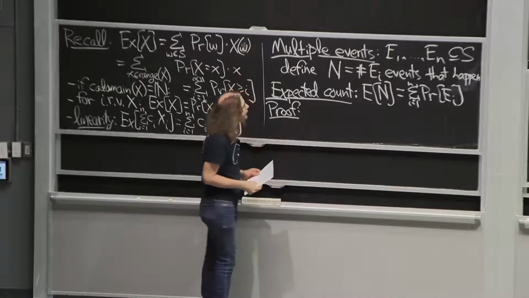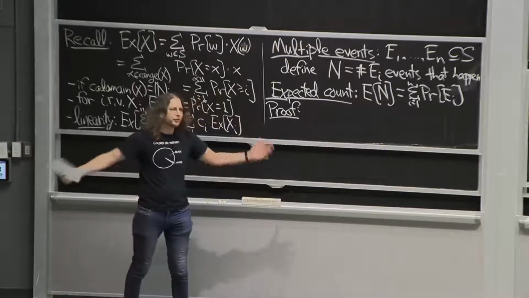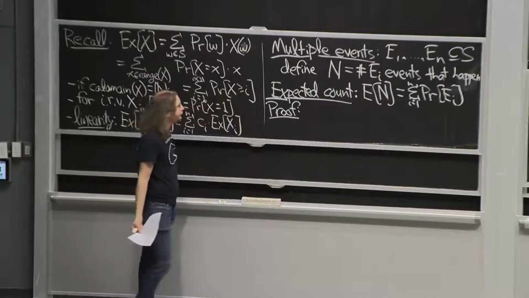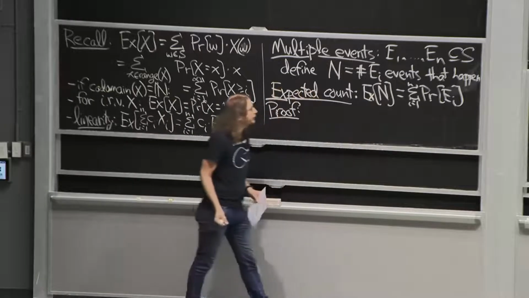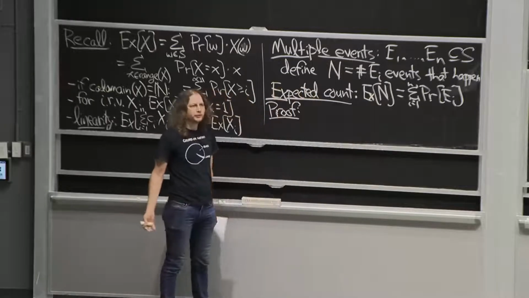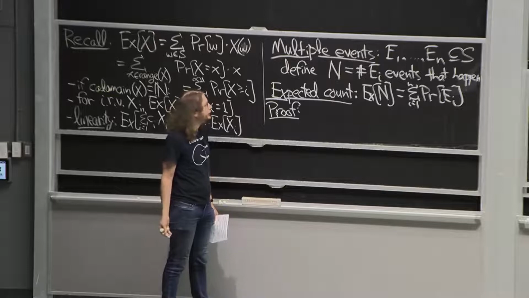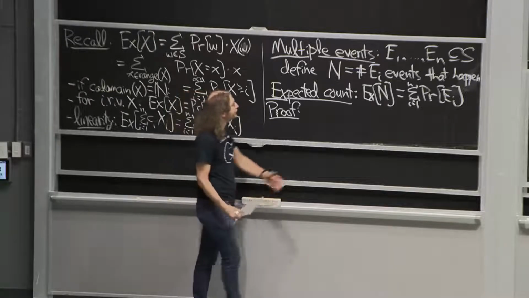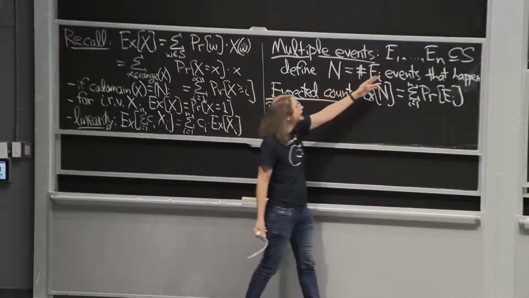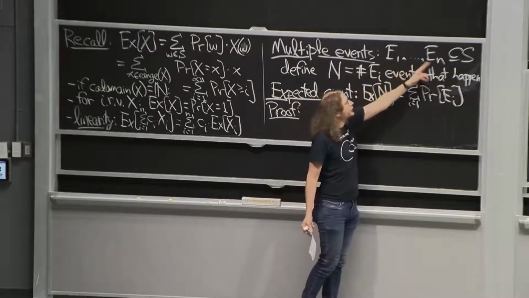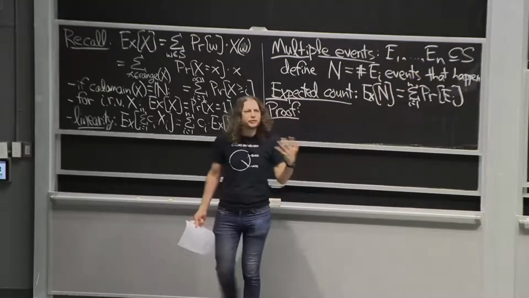So remember, the technique was if I have some random variable that is tricky to analyze and I want to compute its expectation, split it up into a sum of different random variables. So here, there's a pretty obvious way to split it up. N is supposed to count the number of Ei's, and so each of these suggests we should count them individually.